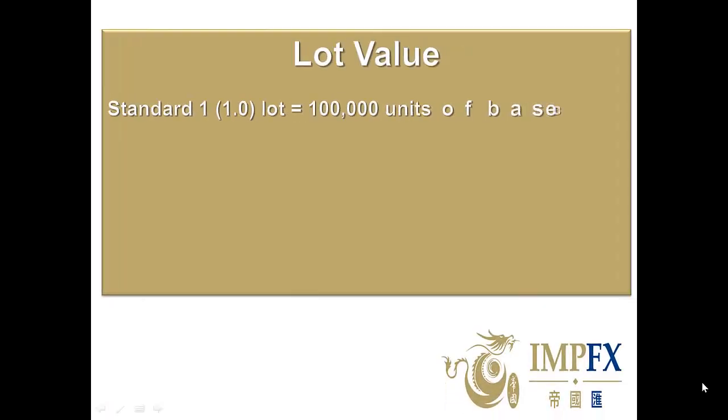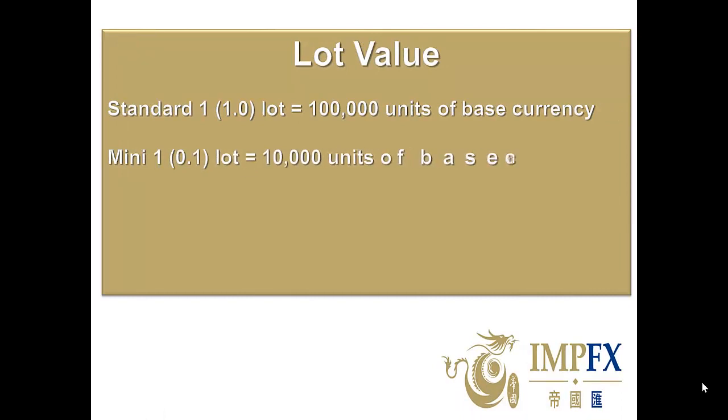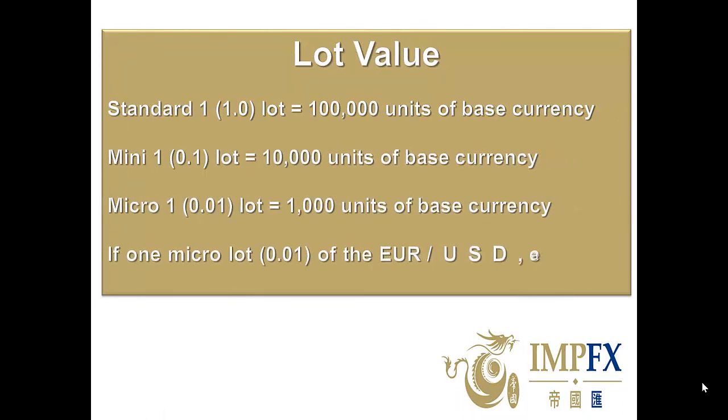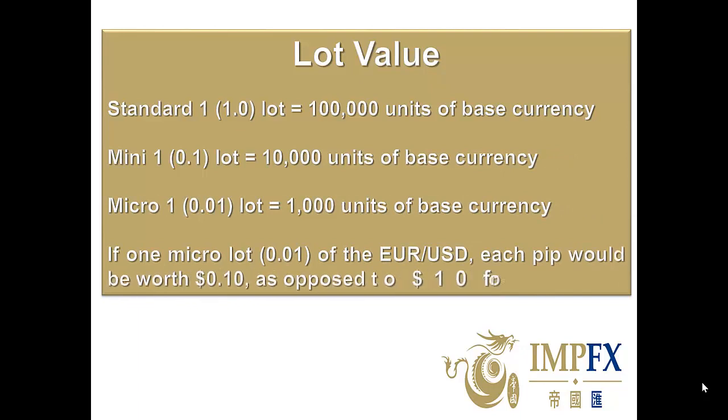So let's have another look at the lot value. When you're trading one standard lot, it's equivalent to 100,000 units of base currency. When you're trading one mini lot, which is 0.1, then you're trading 10,000 units of a base currency. When you're trading a micro lot, that is 0.01, which is 1,000 units of base currency.